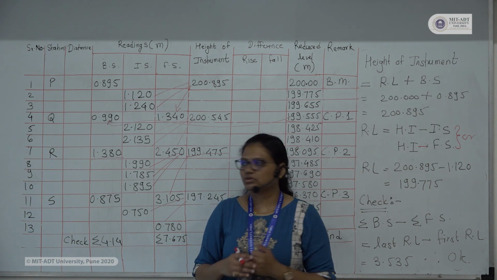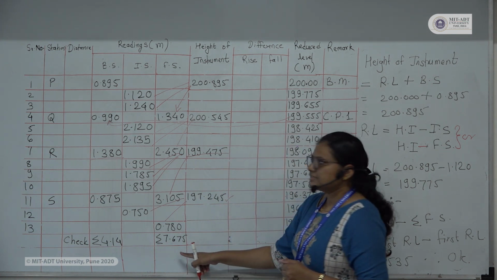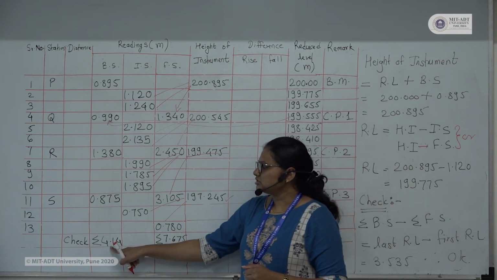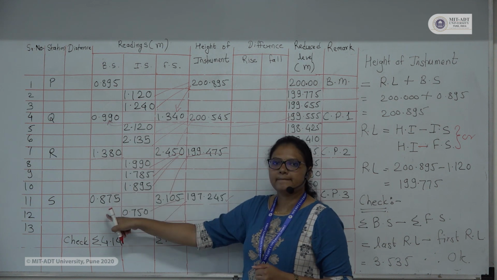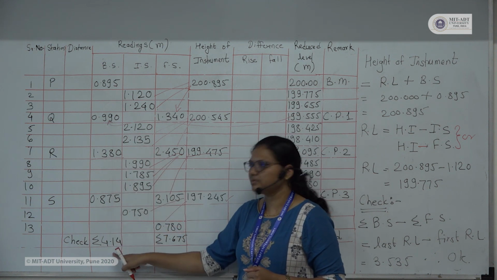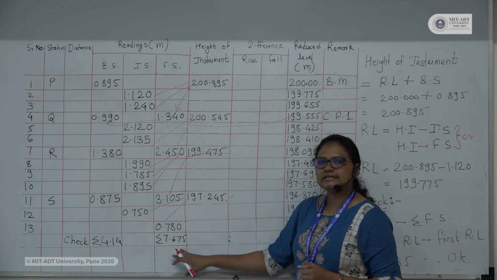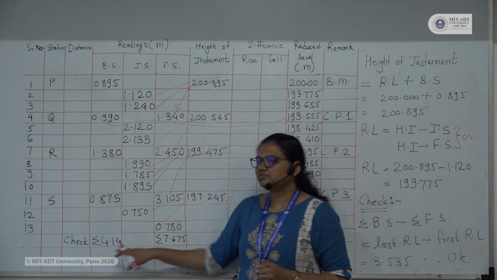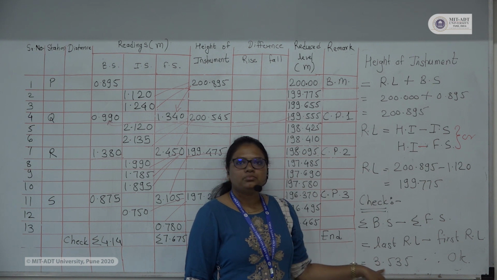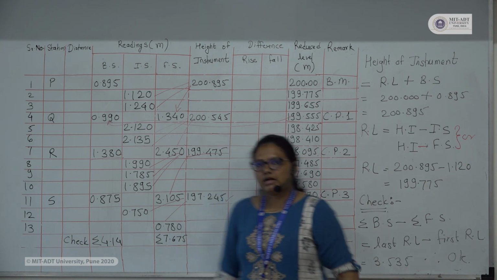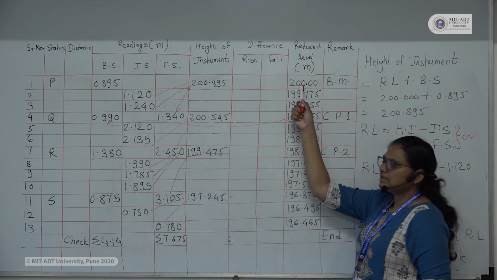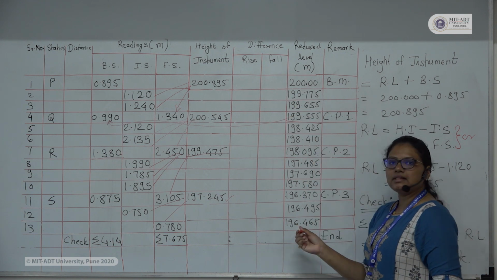So let's check for this one. In this column, I have made the calculation. I have made the summation of this backside. So summation of backside will be 4.14 and summation of foresight will be 7.675. So the difference between these two values will be 3.535, and again you have to check the difference between first RL and last RL.